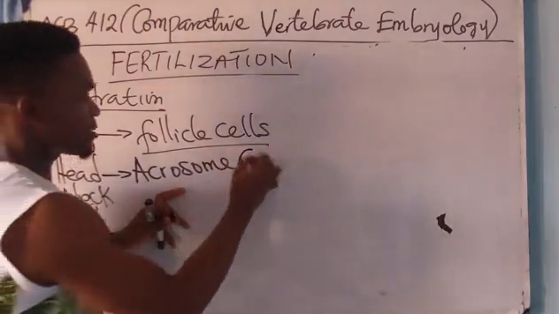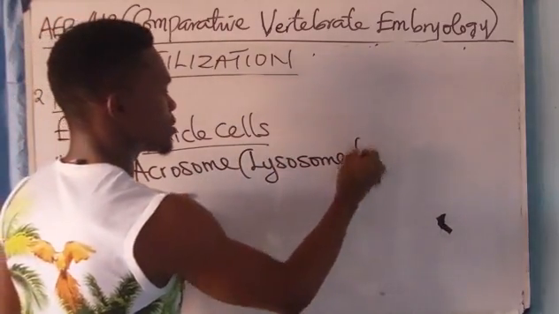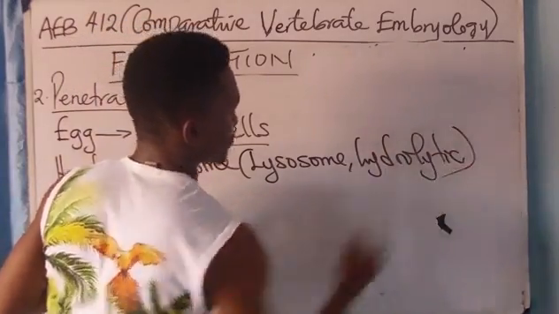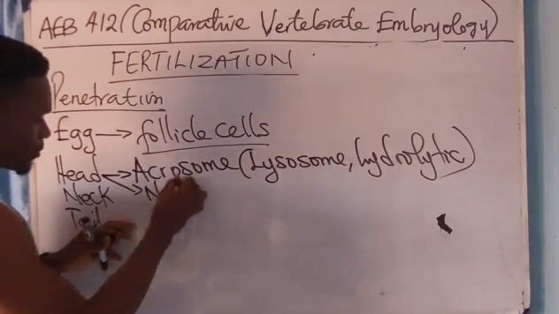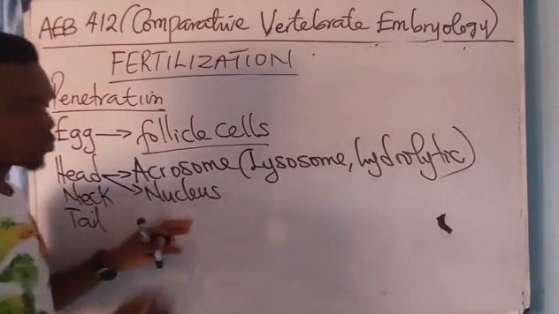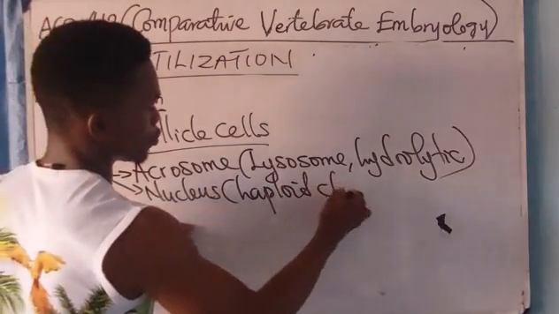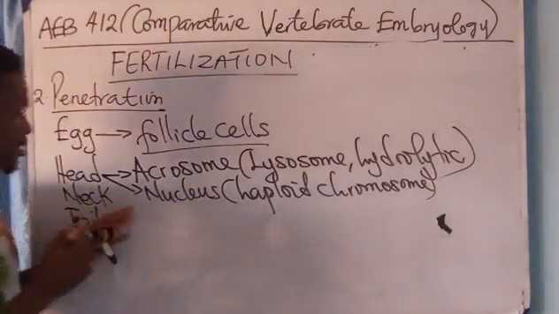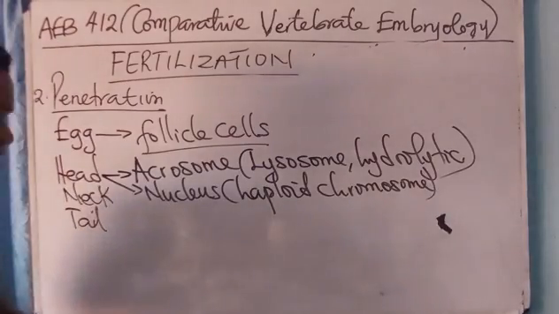The acrosome has lysosome, and this lysosome contains a hydrolytic enzyme. This same head possesses the nucleus, having haploid chromosomes. And of course, I told you that this nucleus is rich in DNA, the deoxyribonucleic acid.